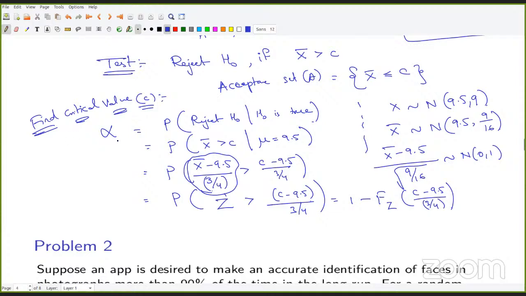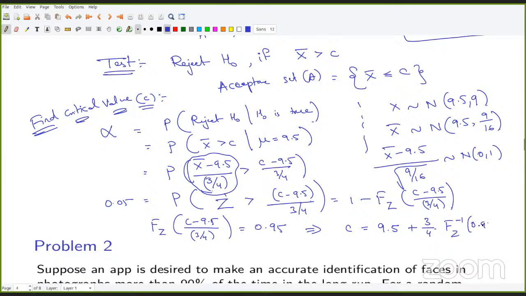Now I know the alpha value. What is the alpha value given? 0.05. So if it is 0.05, you just simplify this. This will be F_Z of C minus 9.5 divided by 3 by 4 equals 0.95. From here I can get the C value, writing it directly, as 9.5 plus 3 by 4 into F_Z inverse of 0.95.